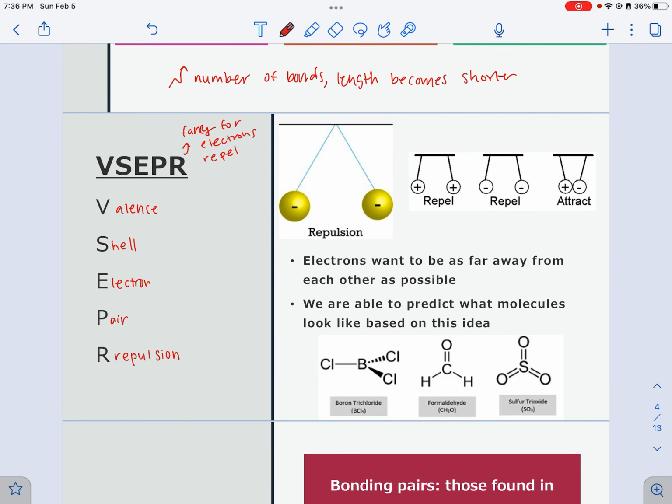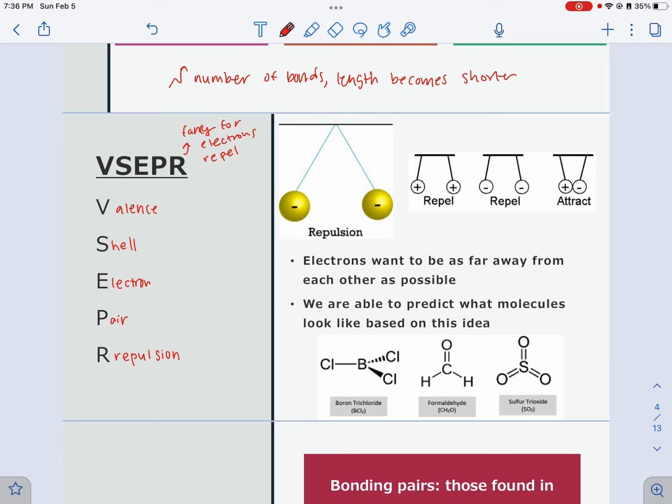VSEPR, some people say VSPR, but I think you might forget the E. VSEPR stands for valence shell electron pair repulsion. It's just a fancy way of saying electrons repel. You know how they say opposites attract? Same thing here. Opposites attract, and things that are the same repel.